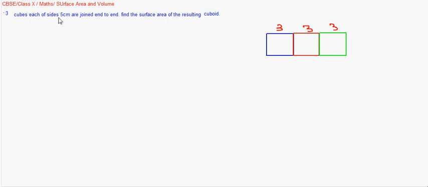We find the surface area of a cuboid by 2LB plus 2BH plus 2LH. Let me write it in bracket form, taking 2 common. So length has become 15 and the breadth remains 5.